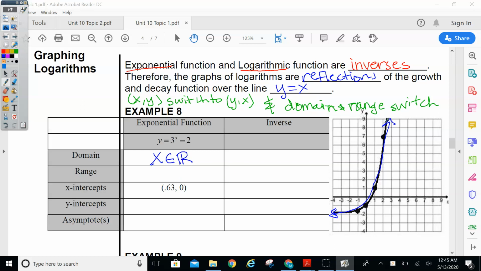It's going to go up forever, but it's going to flatline right here at the -2. So then that's this part right here. So we say y has to be greater than -2. It's not equal to, because that's where the asymptote is at. So the asymptote is a horizontal asymptote, y equals -2.